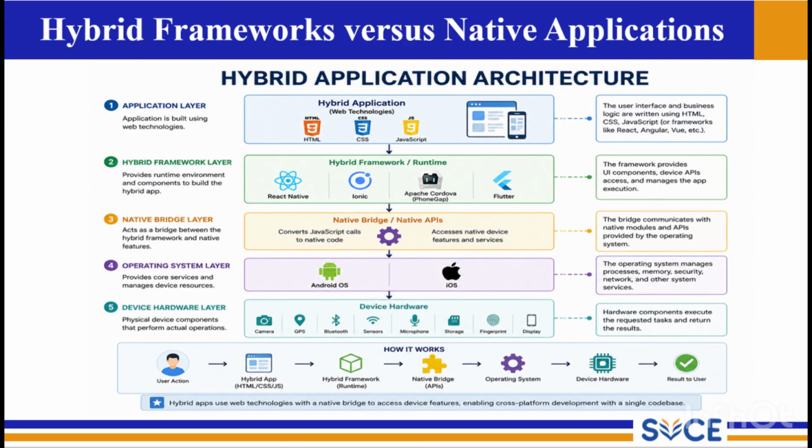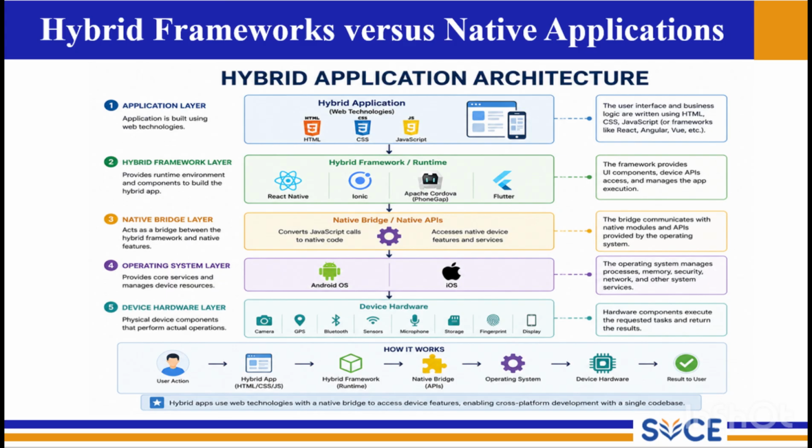The native bridge converts the JavaScript request into native Android or iOS API calls. These API calls are then sent to the operating system. The operating system activates the camera hardware and captures the image.